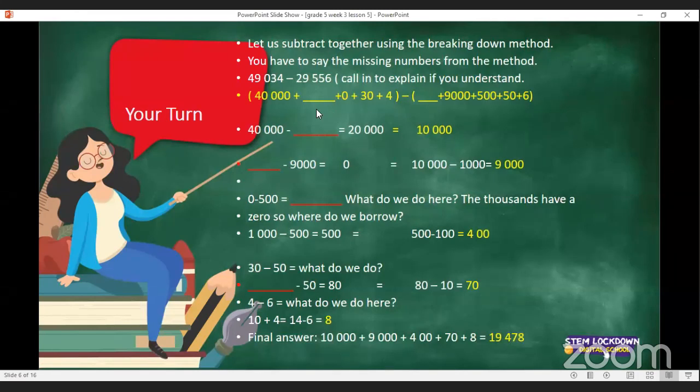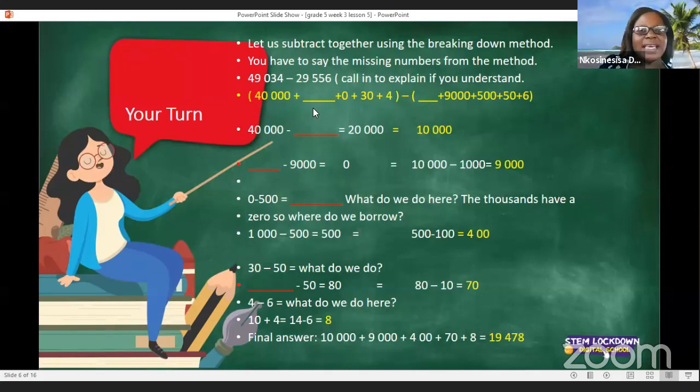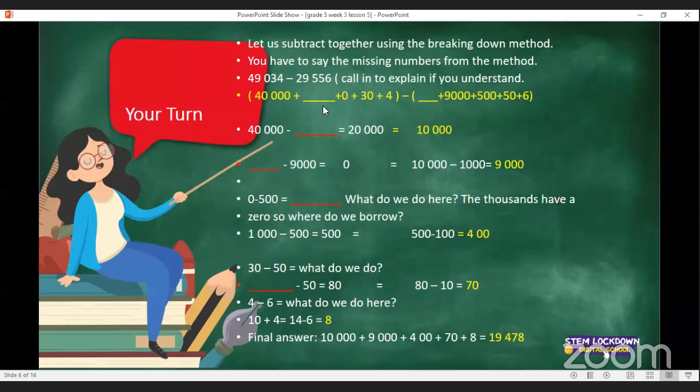Okay, we are here on the yellow one. So it's 40,000 plus what? Which number is missing here, Praise? 900.